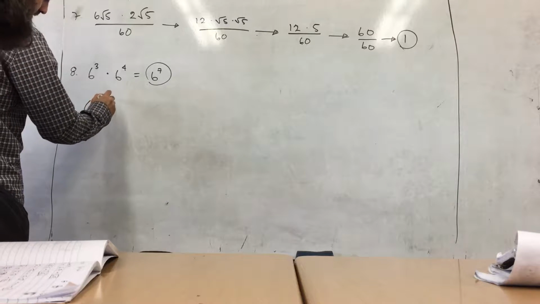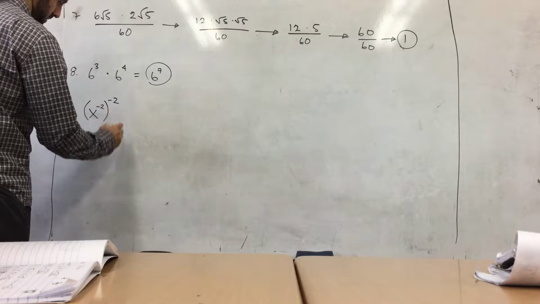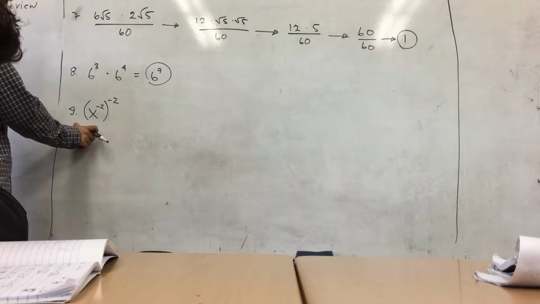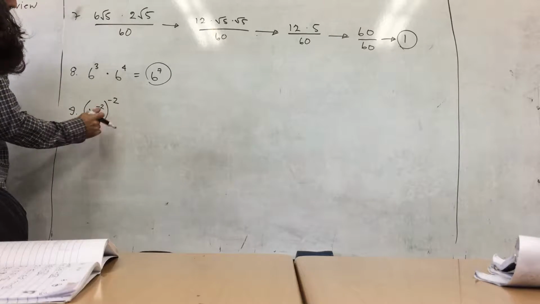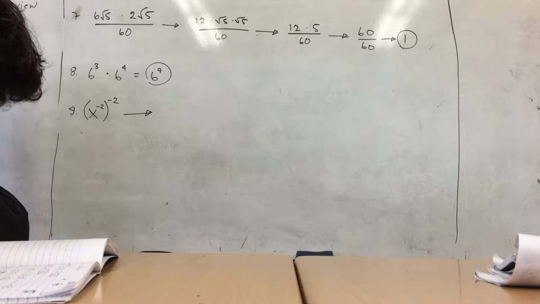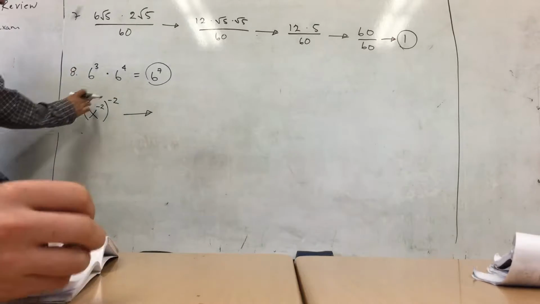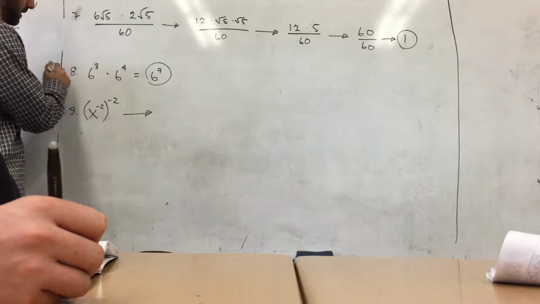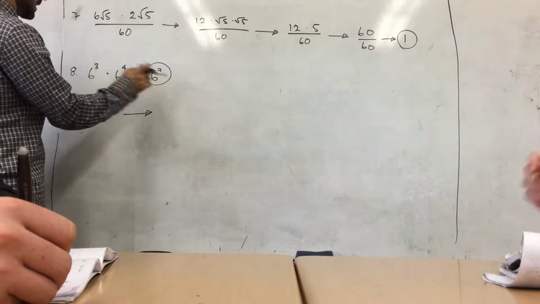What if I give you something like this? You're right, this is 1 over x squared, but here I didn't write out 6 times 6 times 6 times 6.